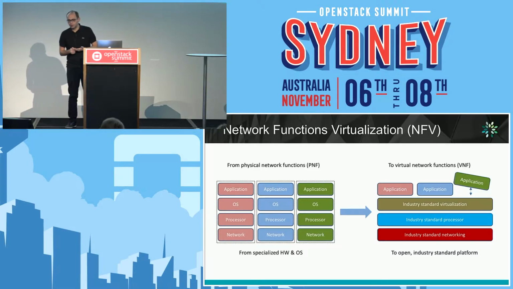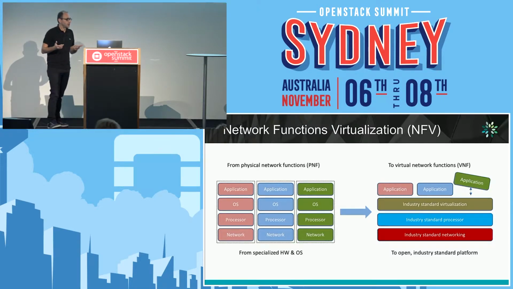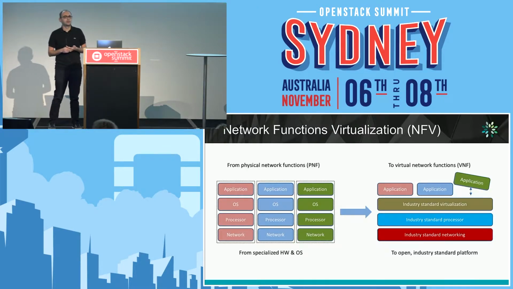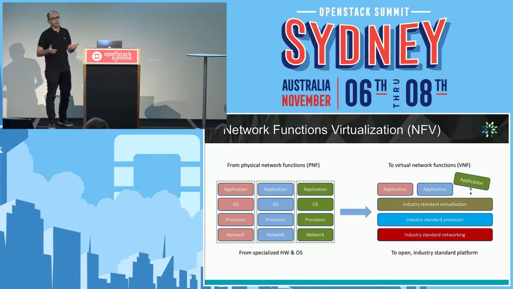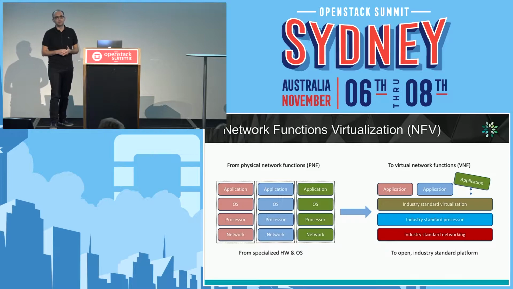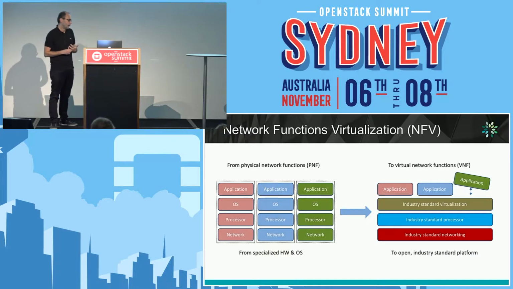This is mainly driven by standards, but most of you probably know standards work takes years to come to conclusion, because all these vendors and operators need to come to an agreement on how things should be done to enable network functions virtualization.